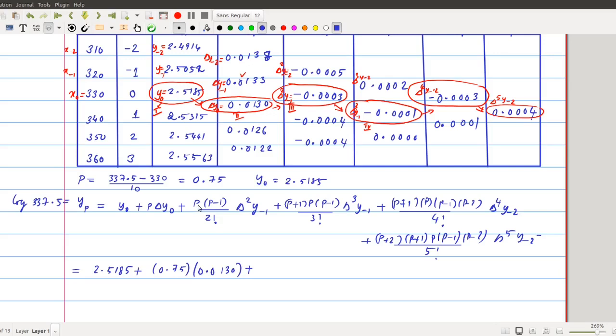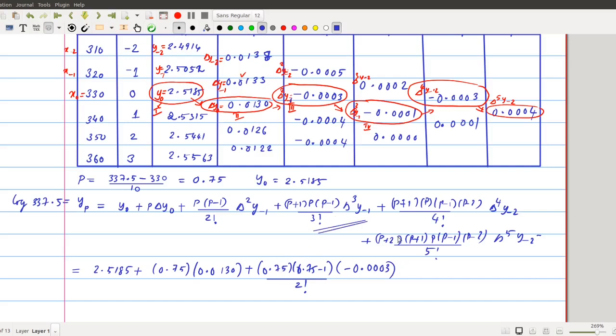For the third term we have 0.75, that is p, then p minus 1, that is this number minus 1. So 0.75 minus 1 divided by 2 factorial delta square y minus 1. Delta square y minus 1 is this one, minus 0.0003, and now we have the fourth term.